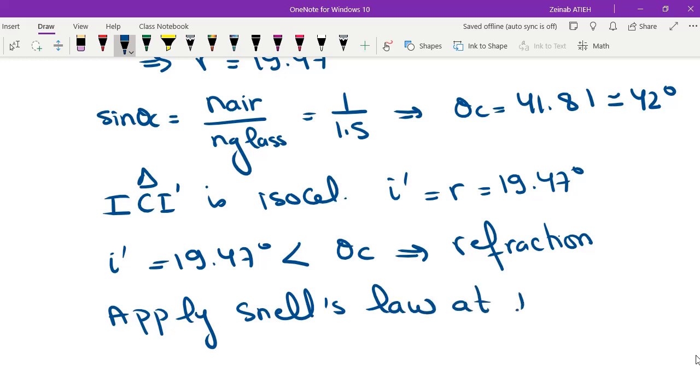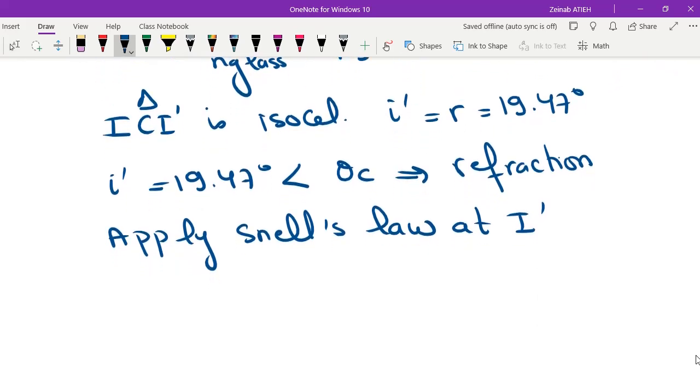At I prime, we go from glass to air. So n glass sine I prime equals n air sine R prime.